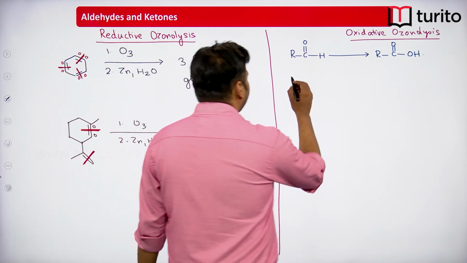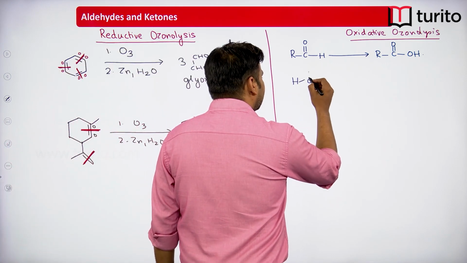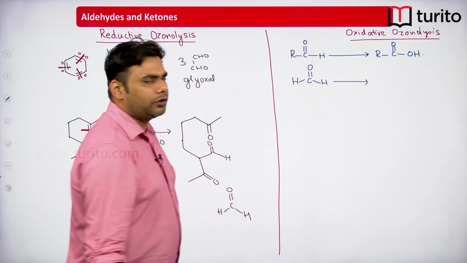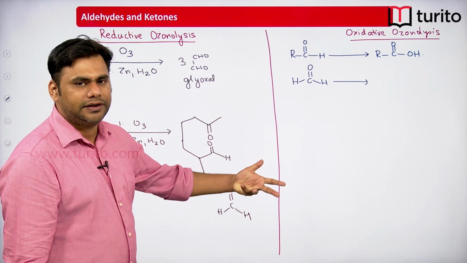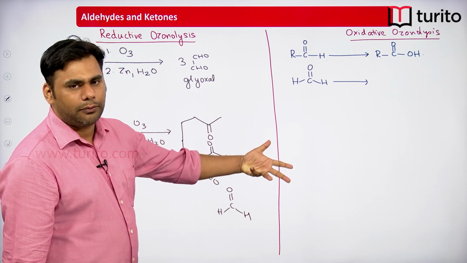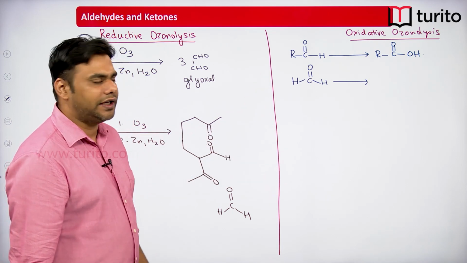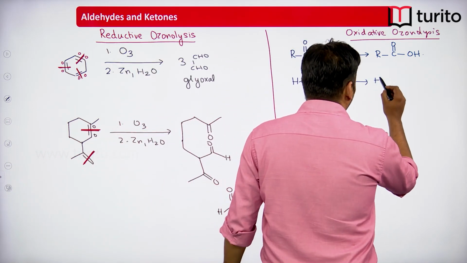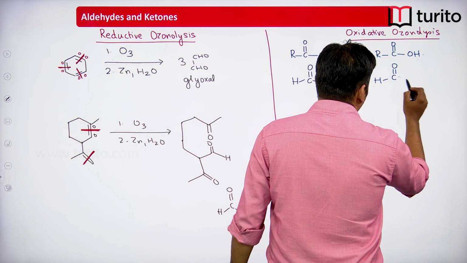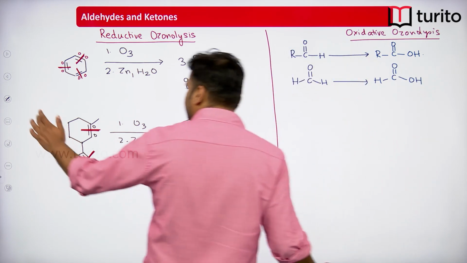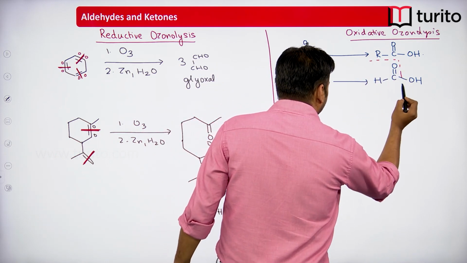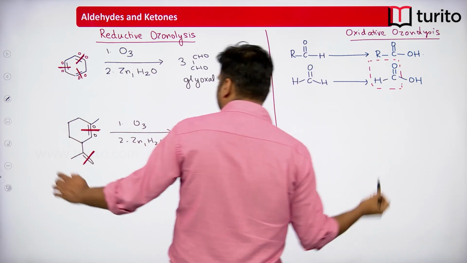Similarly, if we generate a formaldehyde through an ozonolysis reaction, then again this is going to get oxidized. Aldehydes are generally easily oxidized into carboxylic acid as they have oxidizable hydrogen. So the hydrogen that is directly attached to the aldehyde group would get oxidized. So we'll form a formic acid over here. Now once you have formed the acid over here, you can see that there is still an aldehydic type of group that is left in the molecule.